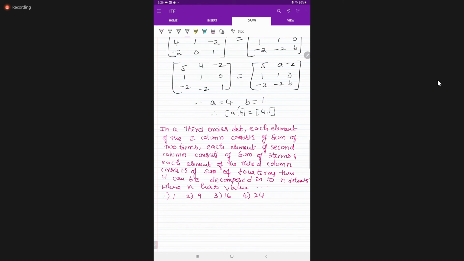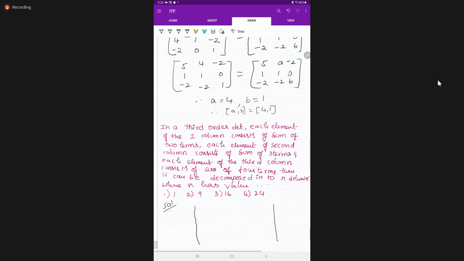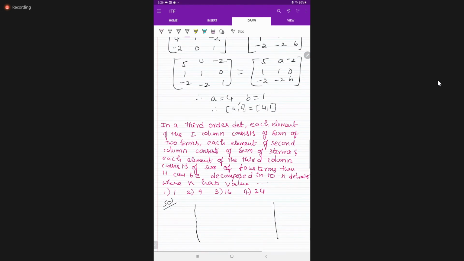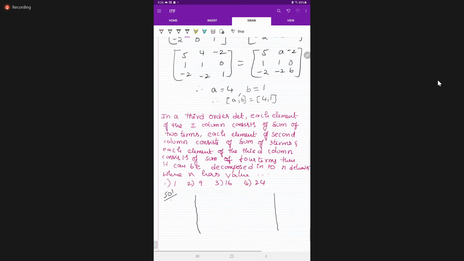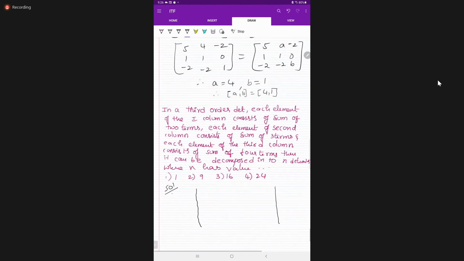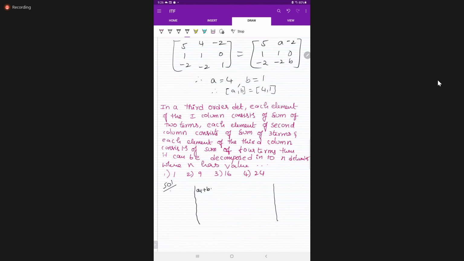You are using property number 4. It is a 3 by 3 determinant. In the first column, sum of 2 terms. Now I am taking a1 plus b1, a2 plus b2, a3 plus b3. The second column consists of 3 elements.